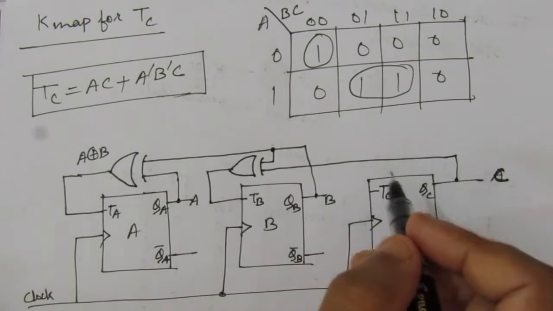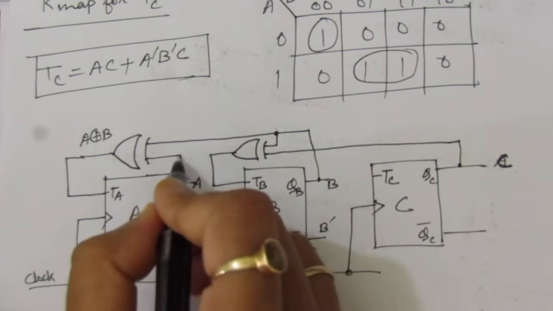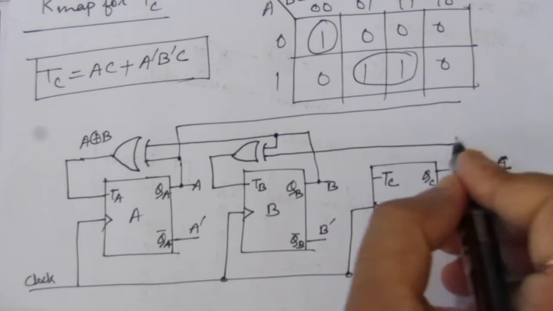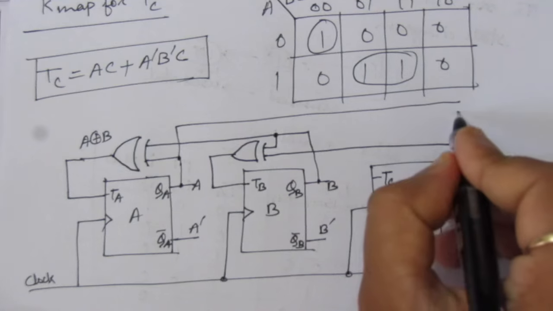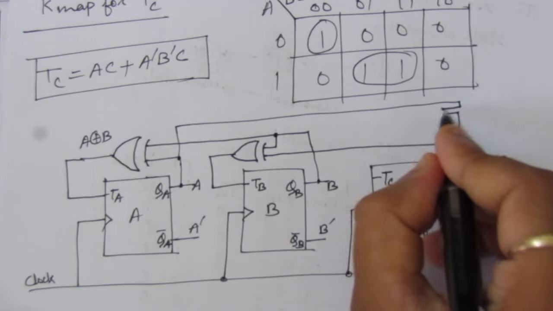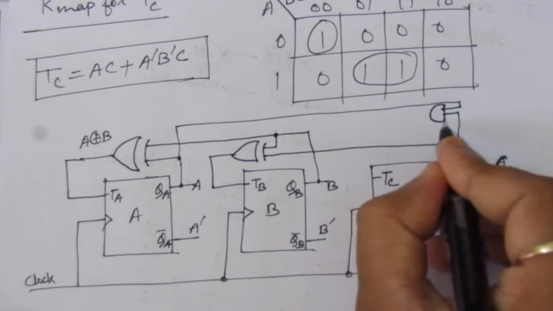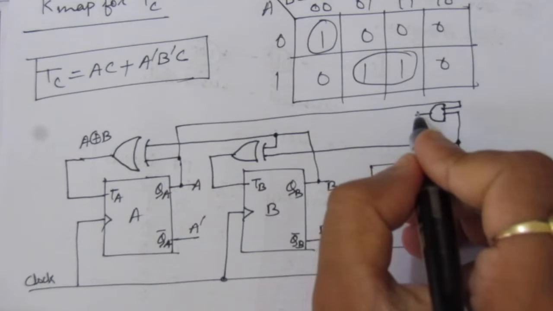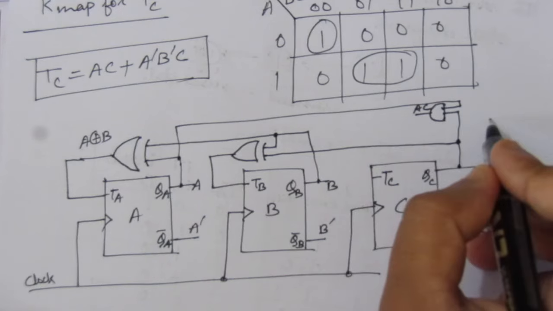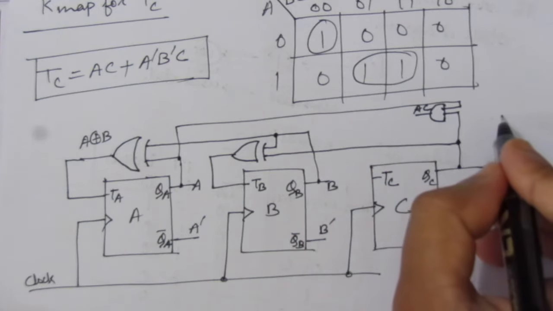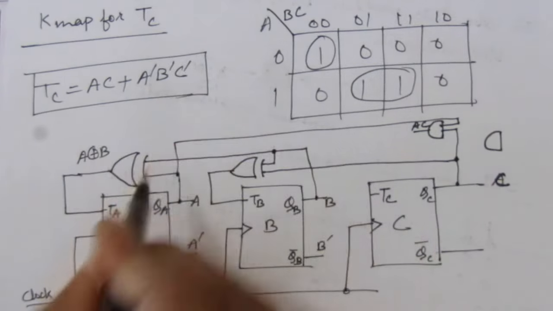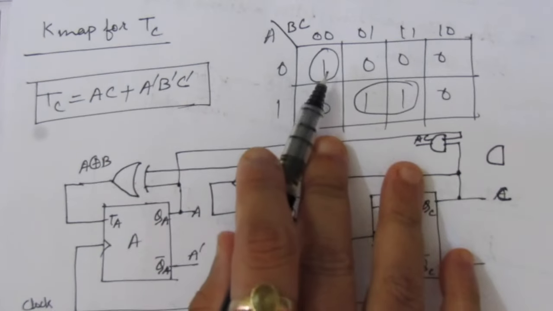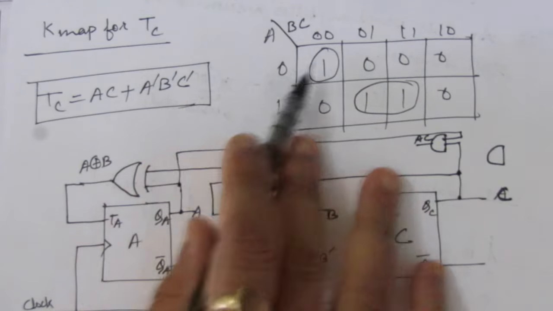And next we have this TC. So take a line from A, multiply with C. Use an AND gate here. Okay, this is A line. Okay, here we'll have A, C. So we have to use here another AND gate. Oh sorry, this is A bar, B bar, C bar. So here we can see that for the third case we have A bar, B bar, C bar.